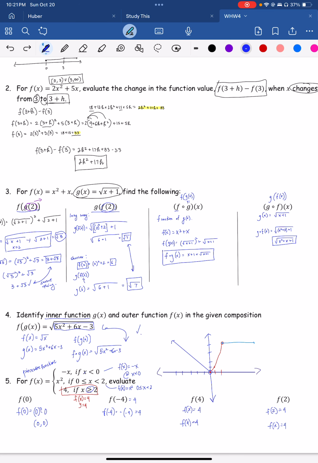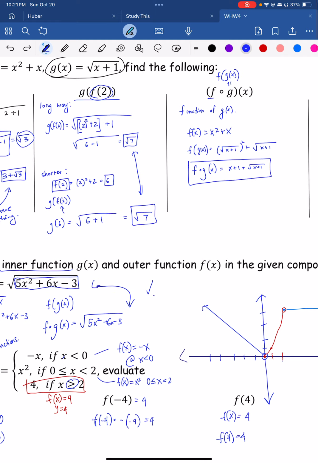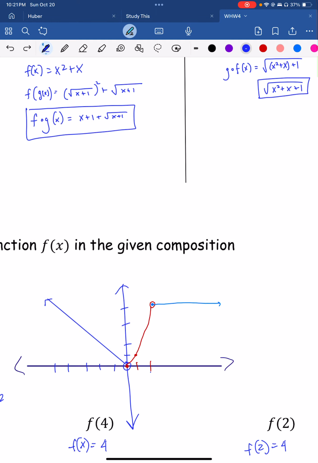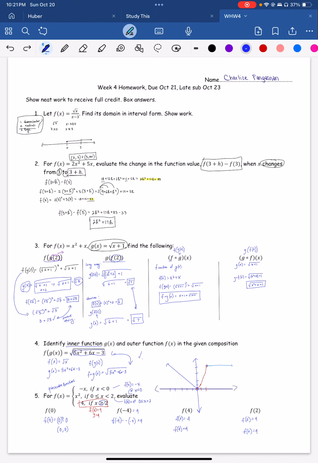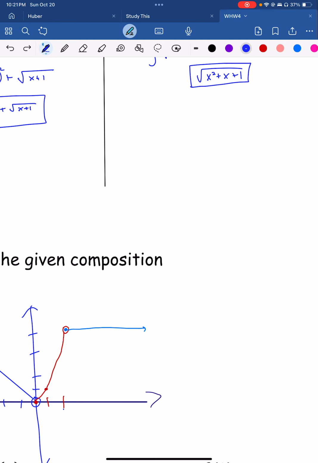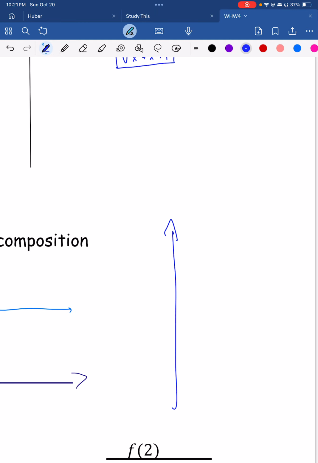So yes, but what happens if, let's say it wasn't all that perfect and my piecewise function had many pieces, but the pieces didn't all connect.